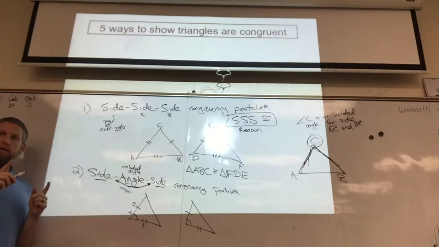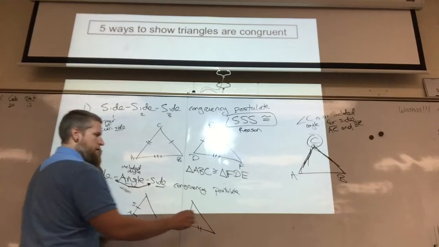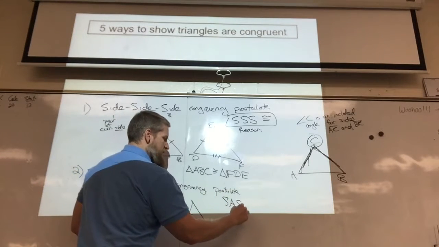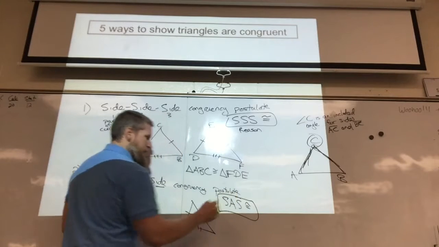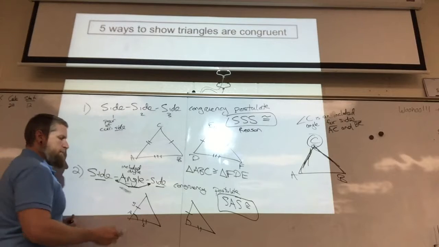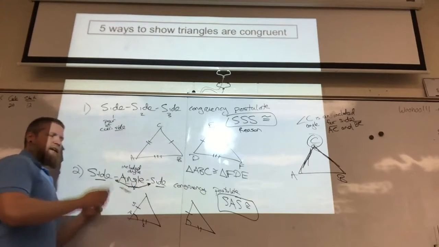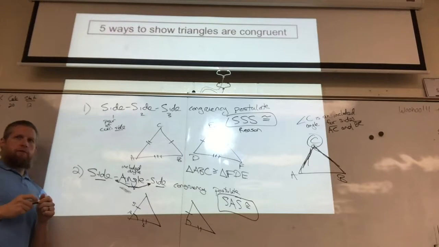So again, the biggest thing is making sure that if you're going to apply this theorem, which you guys are going to write that way, you're not actually going to write the words out. But make sure that this angle here has to be in contact with the 2 sides you know are congruent.